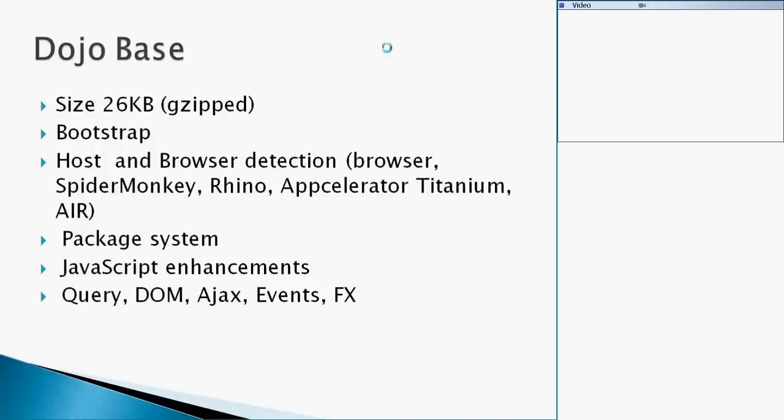If you want to add more functionality, you can add it. There is a build system where you can specify which modules you want in your website. Whichever you have used, you add their names there, and when your build happens, it picks up only those JavaScript files and compresses them into a single one. In that way, Dojo lets you customize how much library you will load.